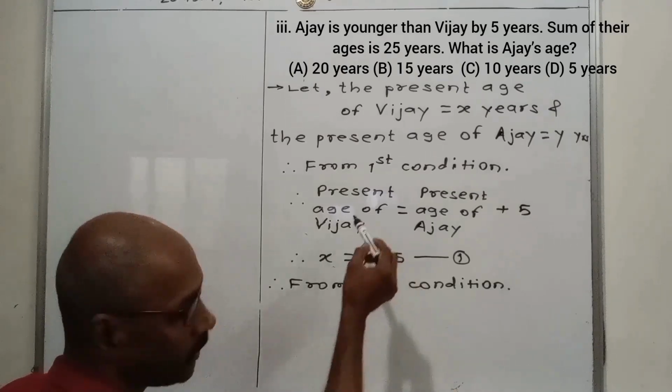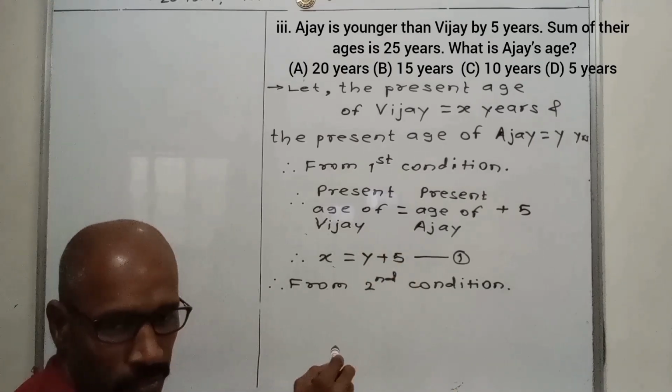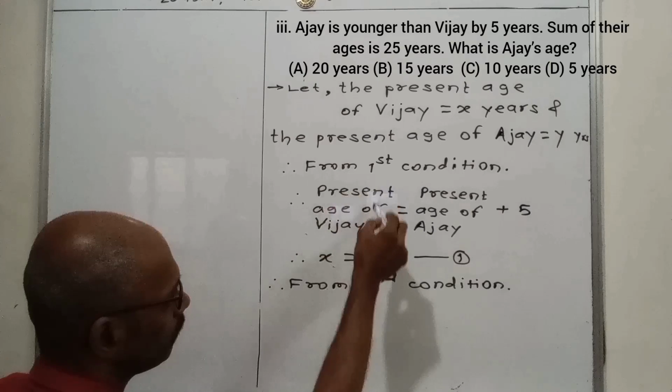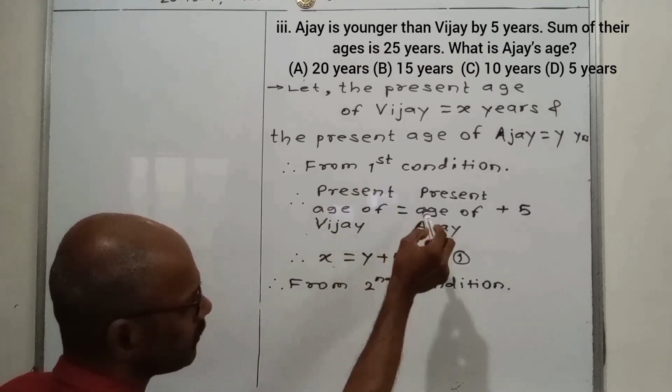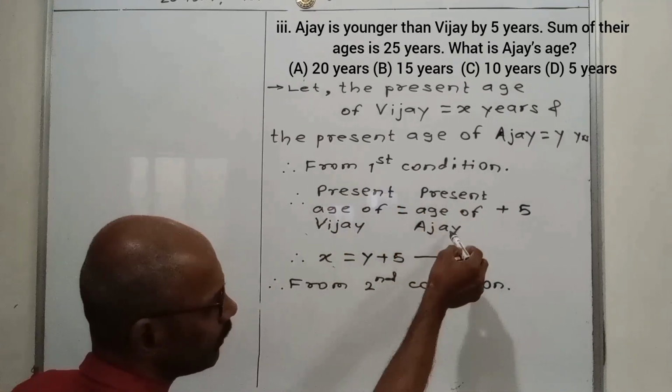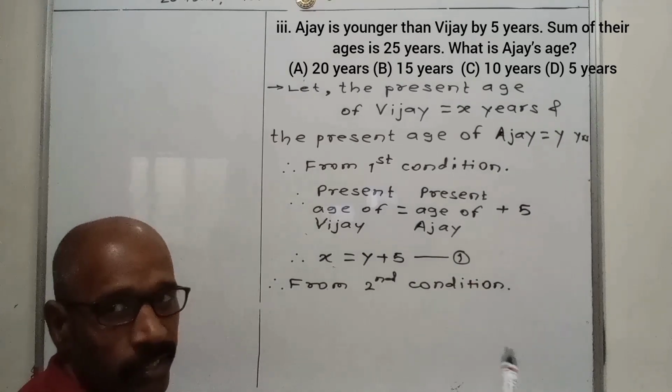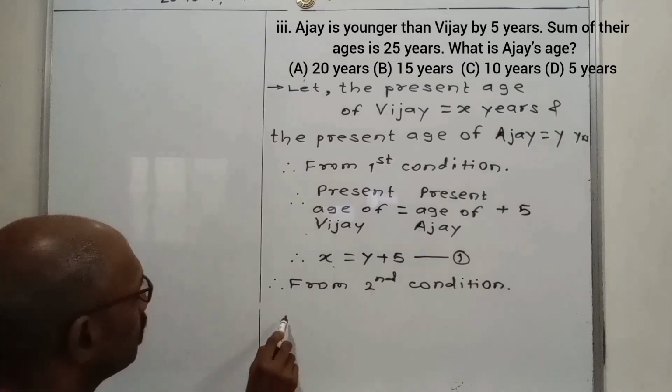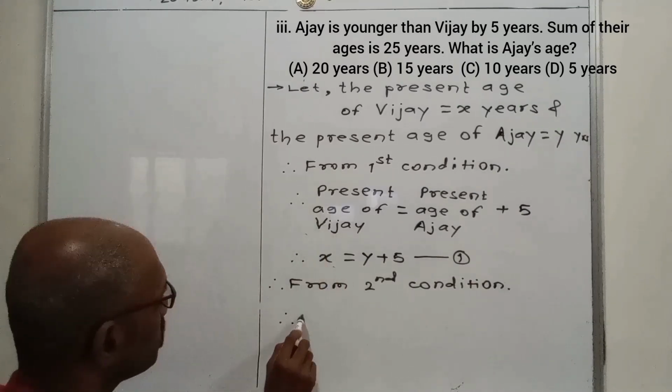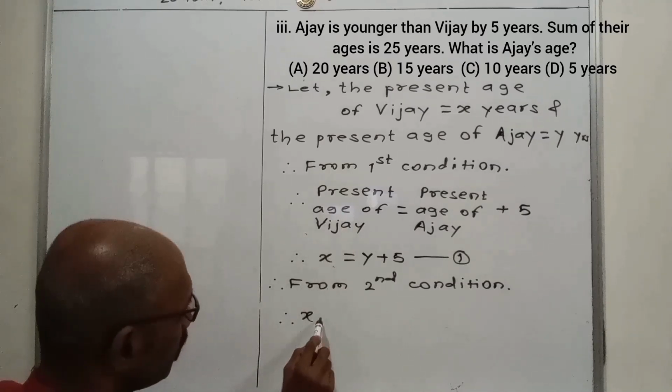I am not writing that formula here again. I am telling you, write this way. Present age of Vijay plus present age of Ajay is equal to 25 years. Okay. Therefore, what is present age? X.